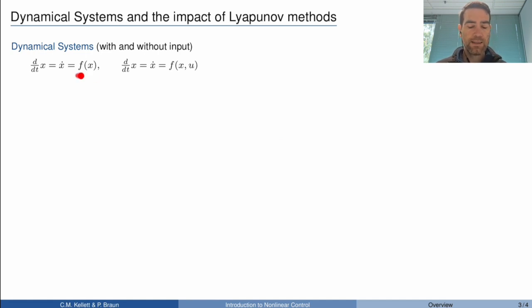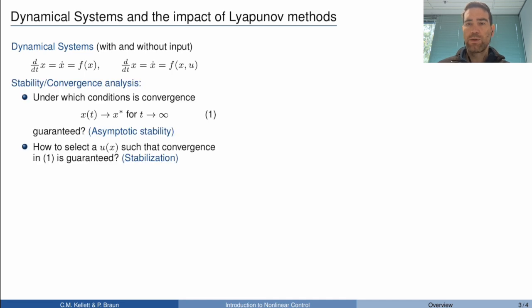The right-hand side here might be just a function of x, but it might also depend on t, or the other part we focus on, an input signal u, so it might be depending on u here.